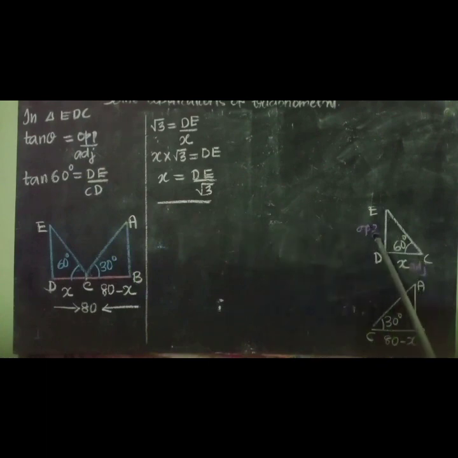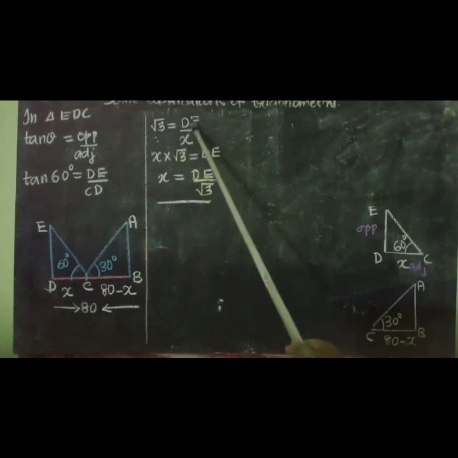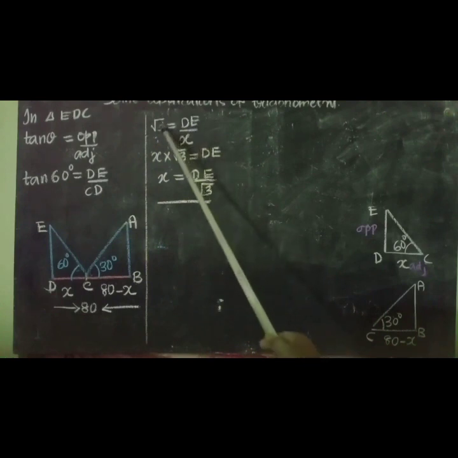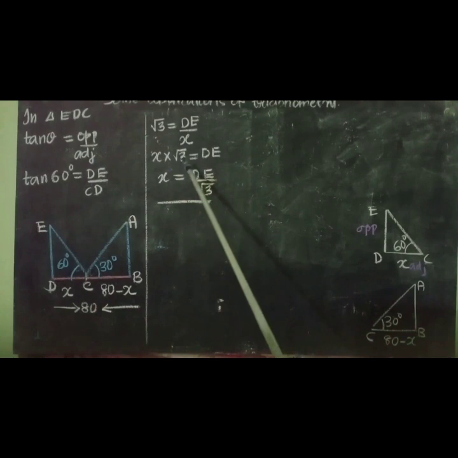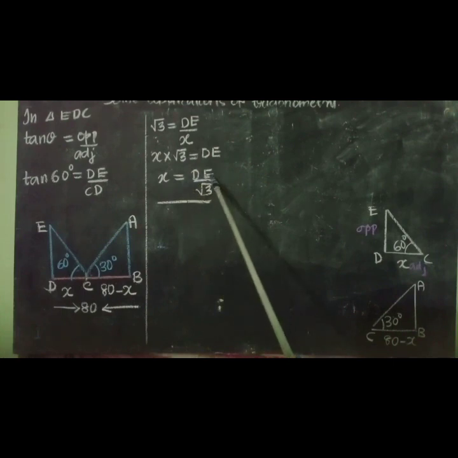Tan 60 degree equal to DE by CD, that is root 3 equal to DE by X. Cross multiplying we get X into root 3 equal to DE. If we take this root 3 to the right side, we get X equal to DE divided by root 3.